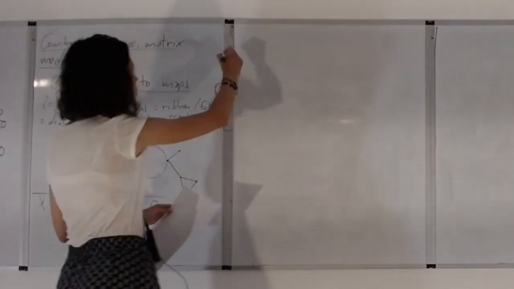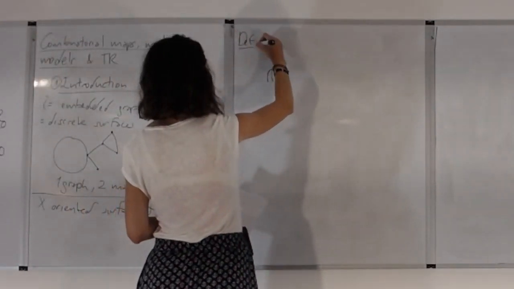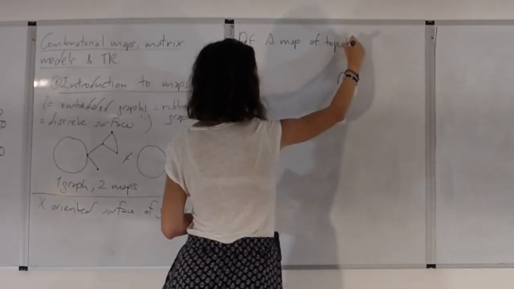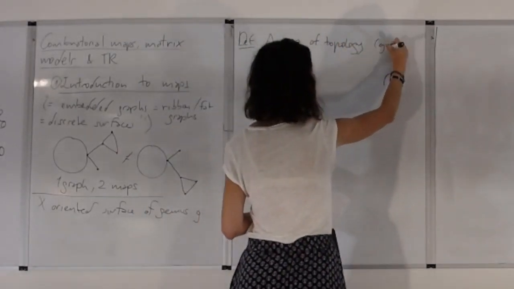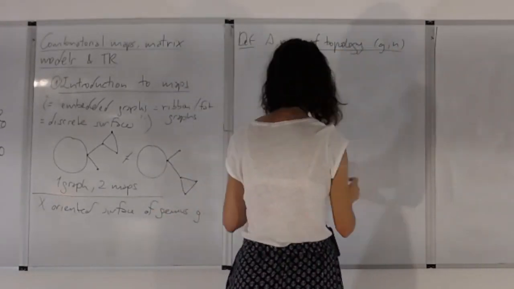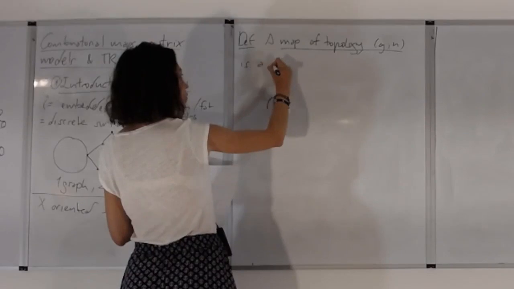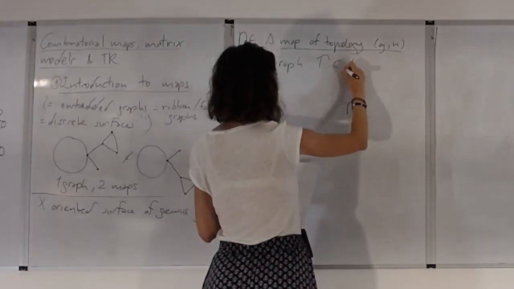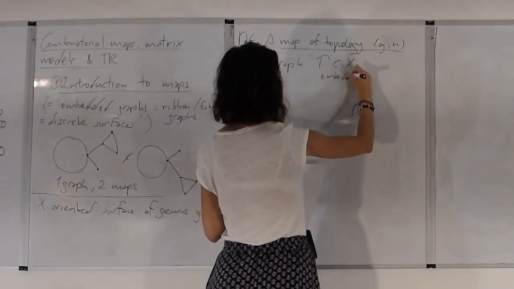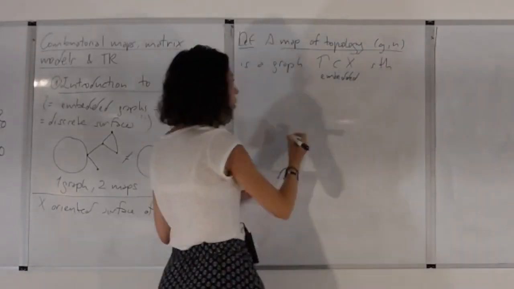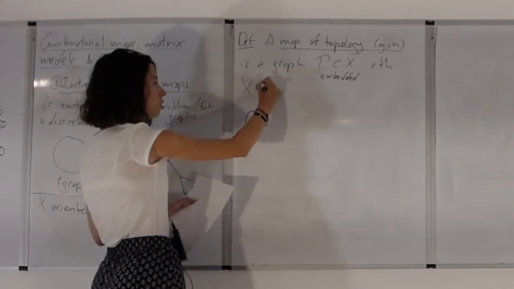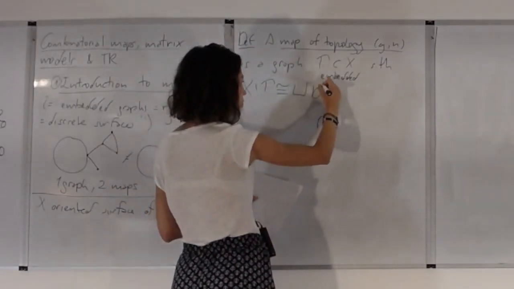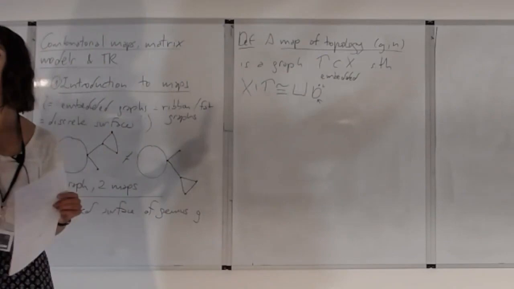We call a map of topology (g, n) a graph that we denote gamma embedded on the surface in such a way that the complement of the graph is homeomorphic to a disjoint union of open disks. And these open disks, we call them faces.